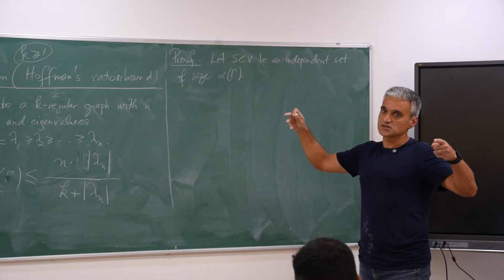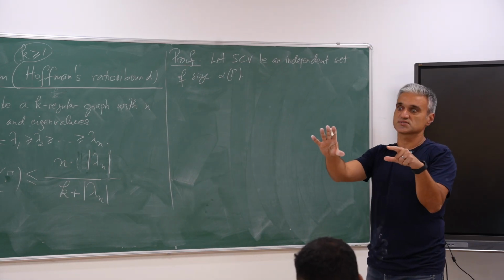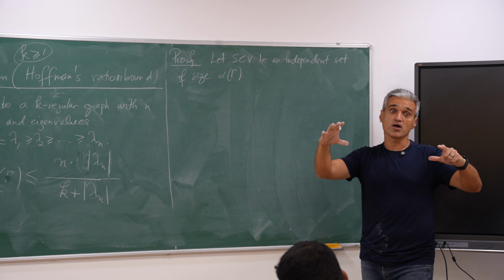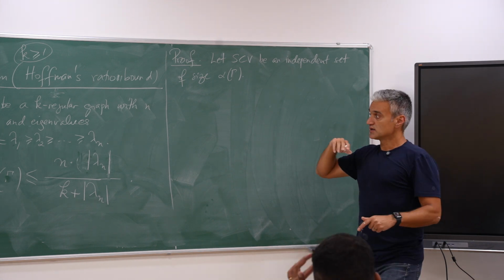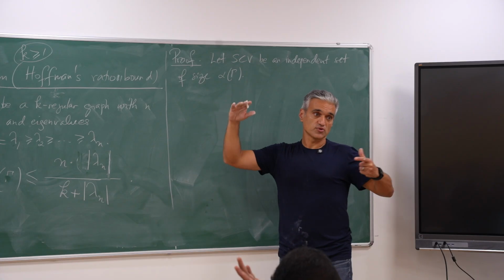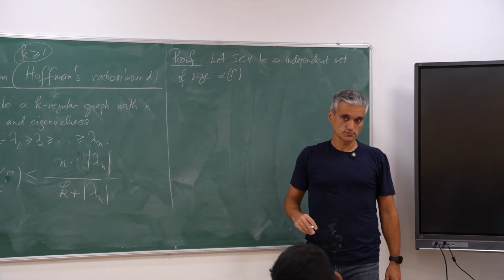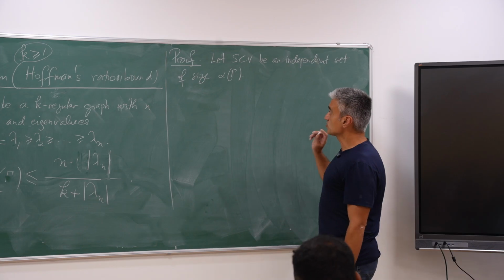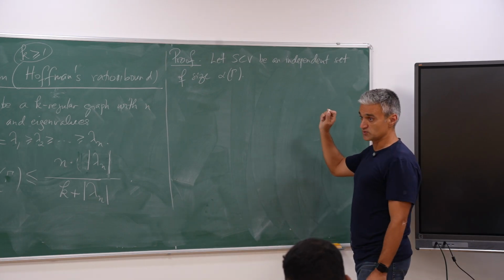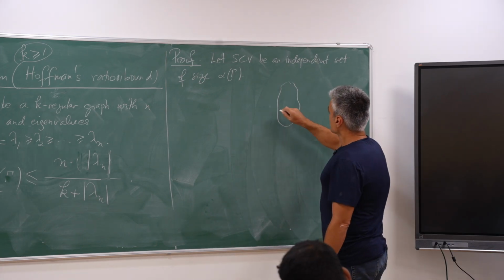When we applied Cauchy interlacing, we looked straight into the adjacency matrix and we saw this big block of 0, and we used Cauchy interlacing to say something about this parameter being bounded by the number of non-negative, non-positive eigenvalues, all that stuff. Okay? Now here we'll do something different. So let me show you the picture of what we'll do here.